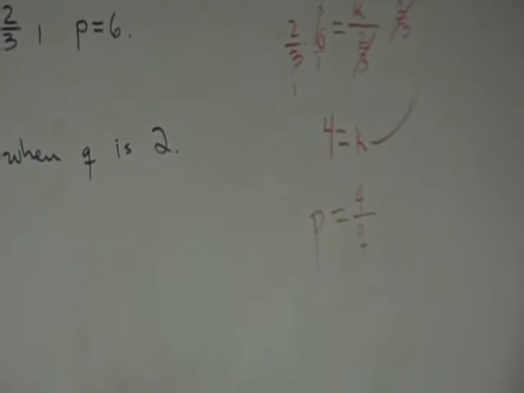And now, I can go ahead and find P when Q equals 2. See, when you're doing variation problems, find K, and that'll give you an equation, typically a fairly easy equation to solve, where you just need to plug in one of the two variables, and then you'll have the value of the other one.